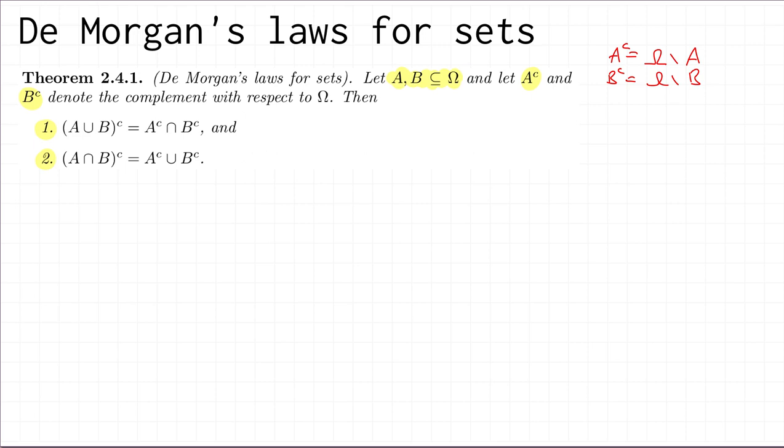If we write out the definitions, the complement of A union B is equal to all the things in omega which are not in A union B. What's the definition of being in A union B?